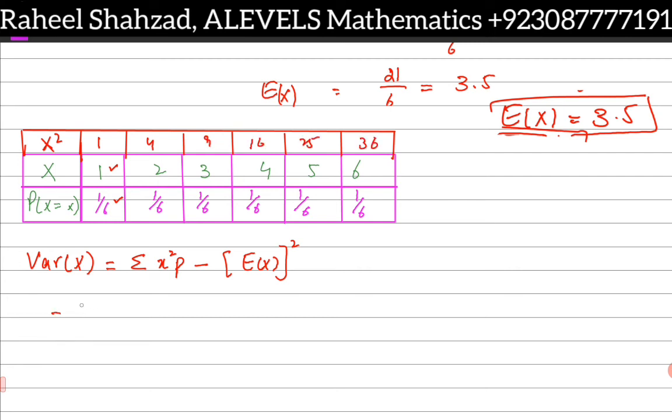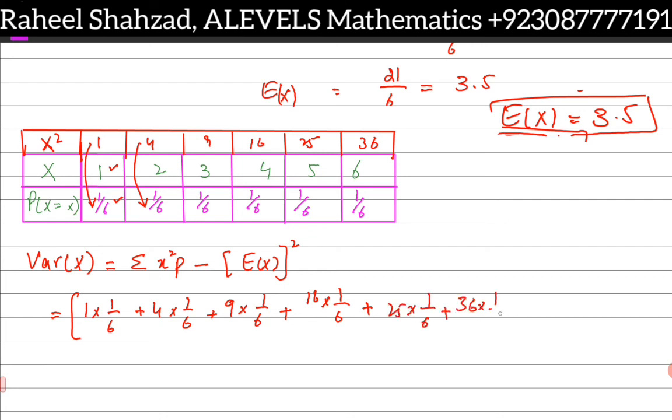So we have sum of x square into p: 1 into 1 by 6, multiplying with the probability, plus 4 into 1 by 6 plus 9 into 1 by 6 plus 16 into 1 by 6 plus 25 into 1 by 6 plus 36 into 1 by 6, minus E of x that we have just calculated here, 3.5 square.